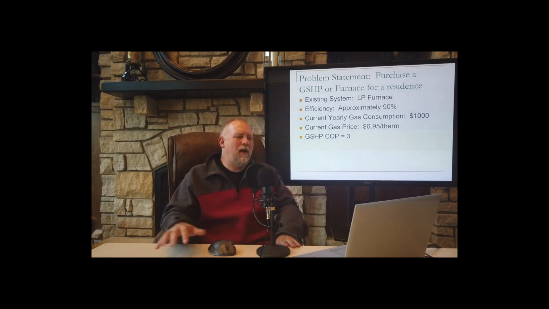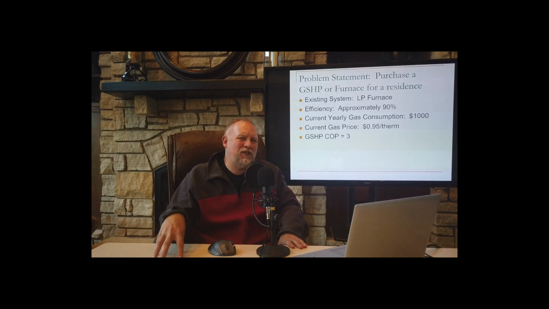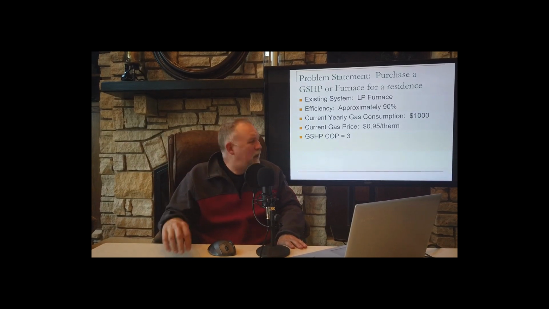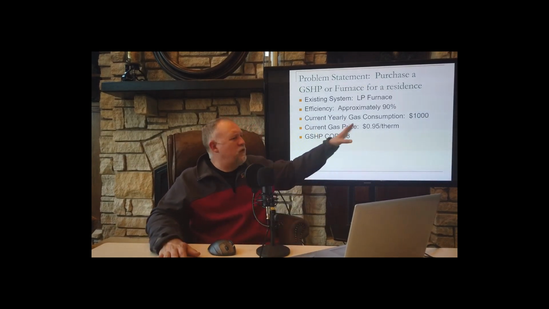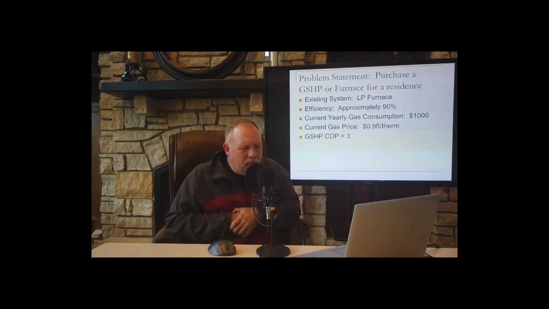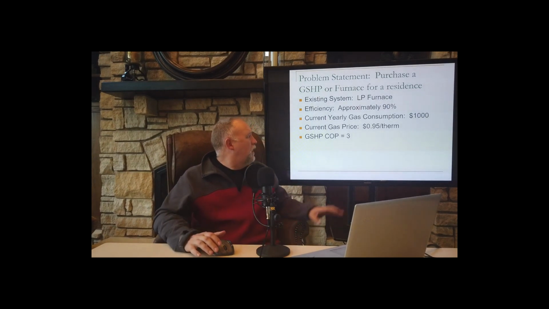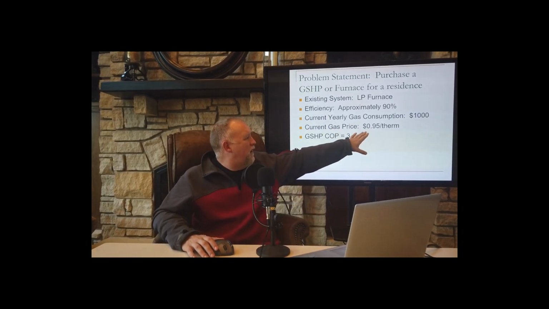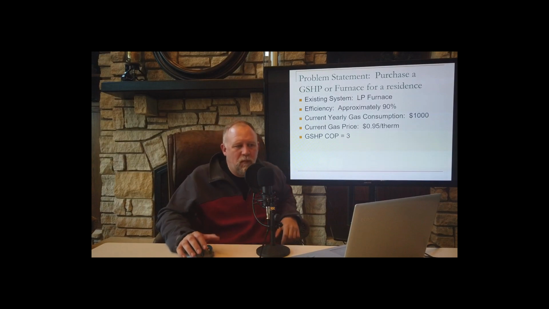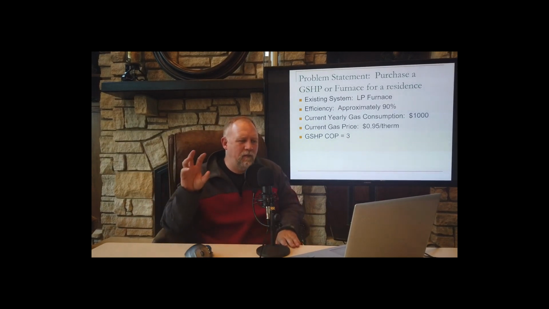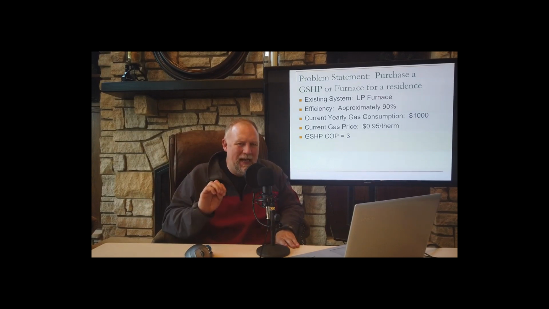All right, so then I asked him, how much LP did you buy last year? And he said, well, I think we spent about $1,000 in LP for the year. And then I asked him, what were you paying? And it was just under $1 a therm. I put it here as 95 cents a therm. So from that, we can calculate how much heat he needed to buy for the winter last year.